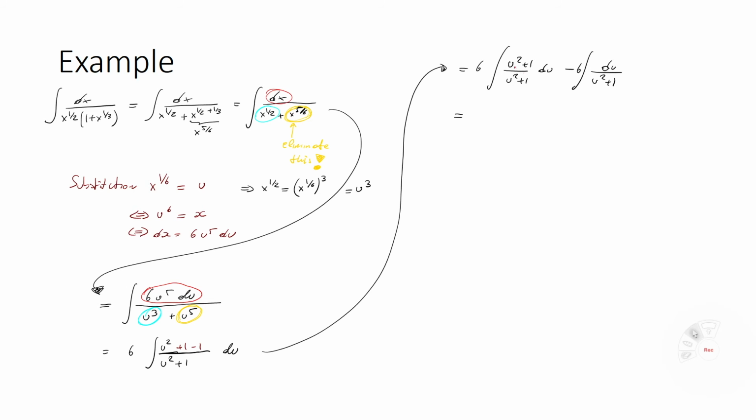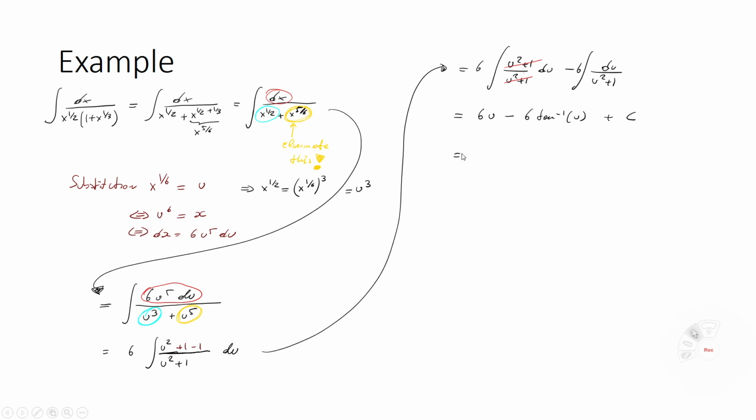And of course, u squared plus 1 over u squared plus 1 cancels, and I have 6 times u for the first term, and then minus 6 times the inverse tangent of u plus a constant.